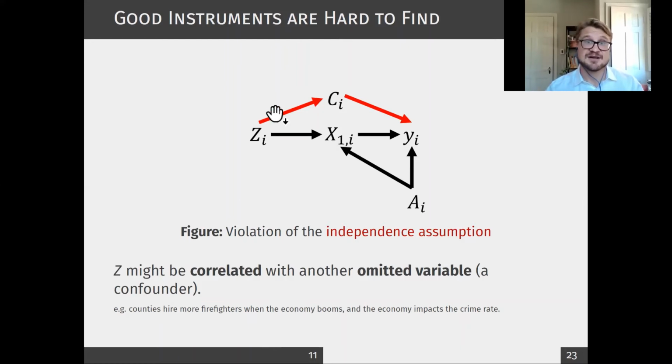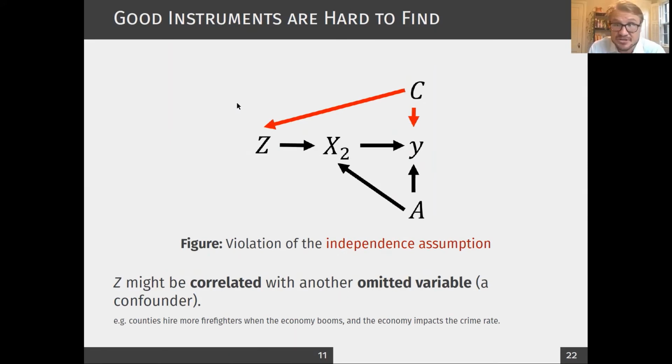This is now C, just good times, and good times lead to more firemen, and good times lead to also more policemen, and lead to a reduction in crime, totally unrelated. So this positive relationship we pick up is really due to the good times of economic conditions and nothing to do with the actual number of policemen. It's an assumption we need to make.